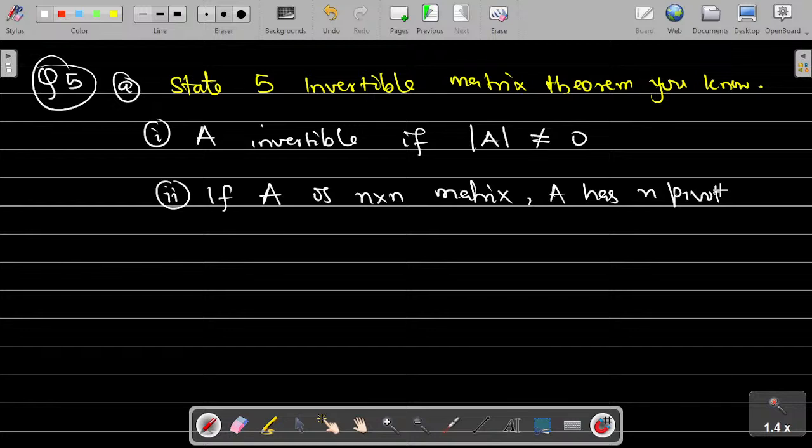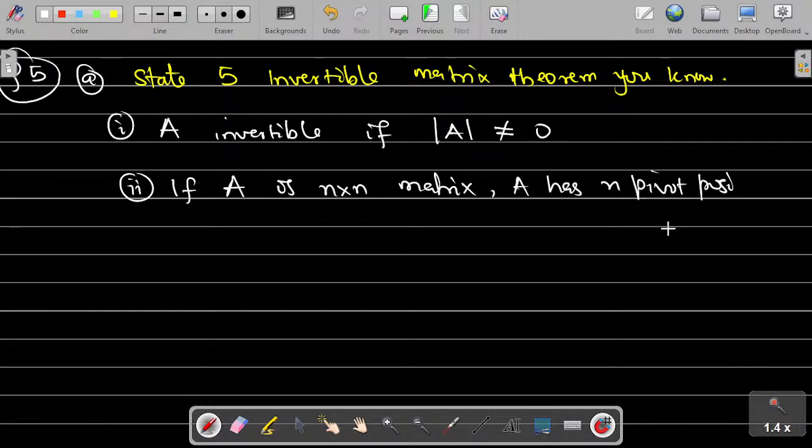If it is an n by n matrix, it has n pivot positions.